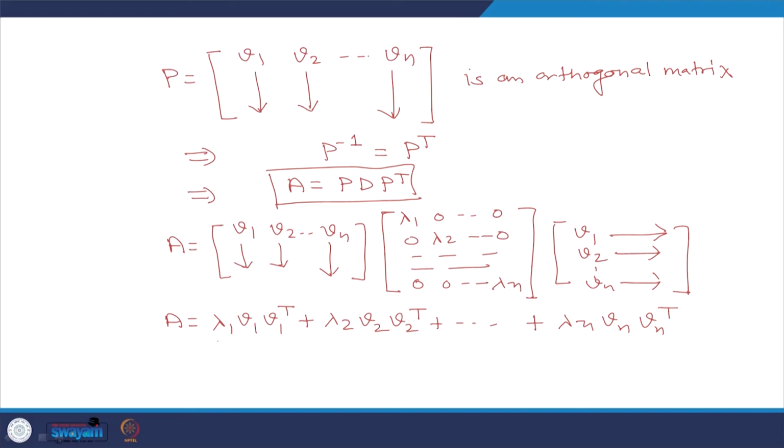If you see each term of this summation, it is a matrix of rank 1, an n by n matrix. Similarly, lambda 2 V2 V2 transpose is again a rank 1 n by n matrix, and so on.